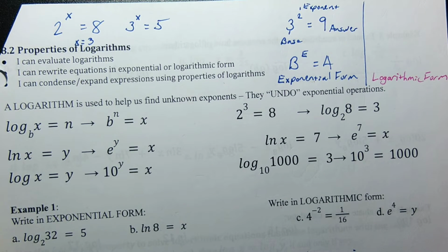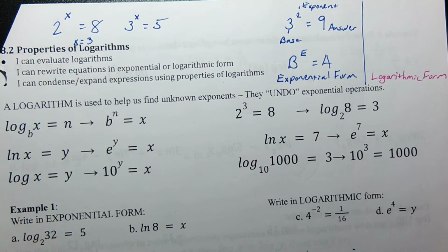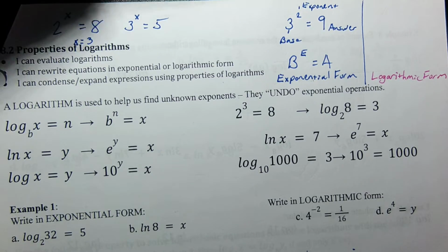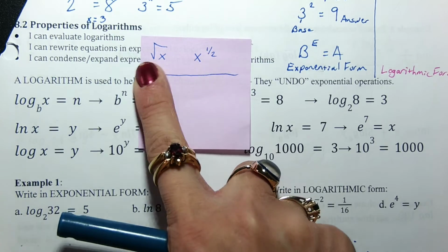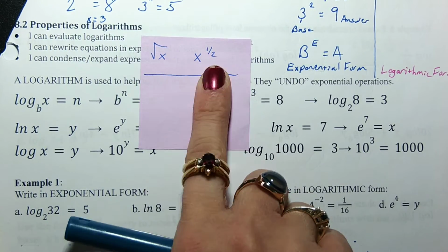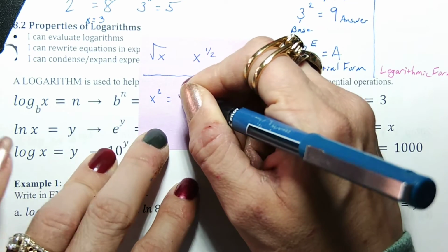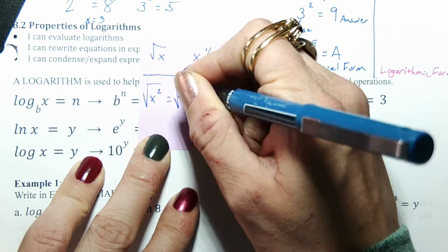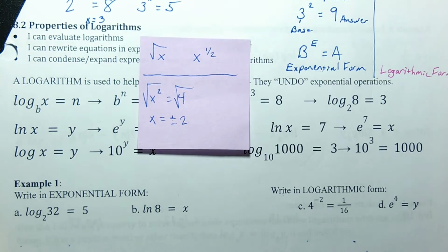So right now, we are just going to be using logs as a way of rewriting exponential form. But later, once we get into solving, we will see how logs are a way of simplifying and solving. So it's kind of like how if you went from this to this, these two forms are a way of rewriting each other, but then I can also use square rooting as an operation of both sides and say that x equals plus or minus 2.